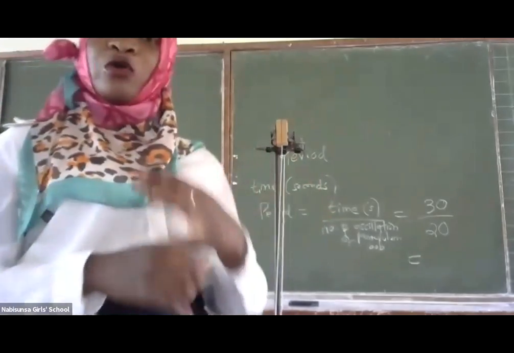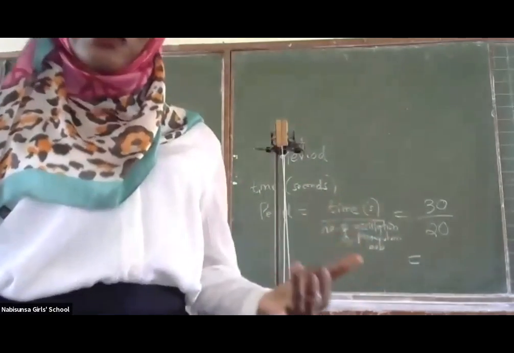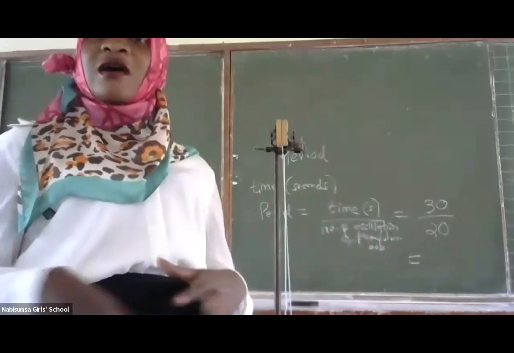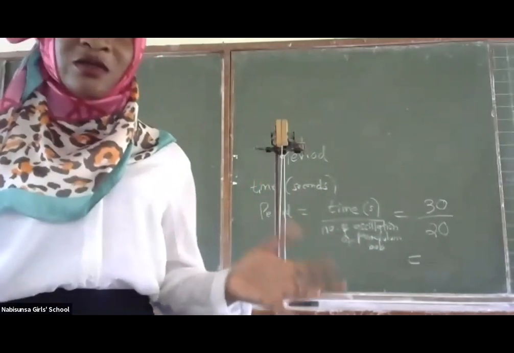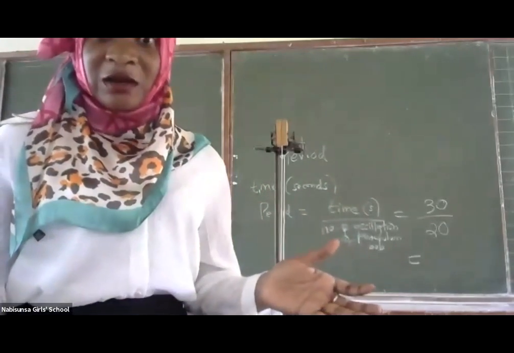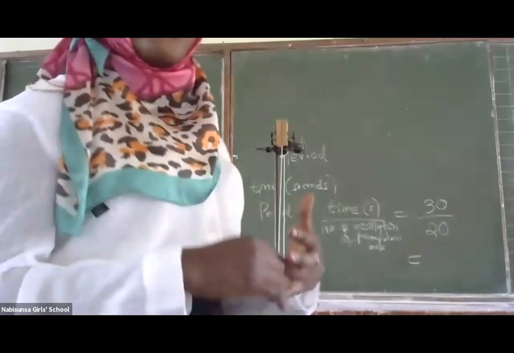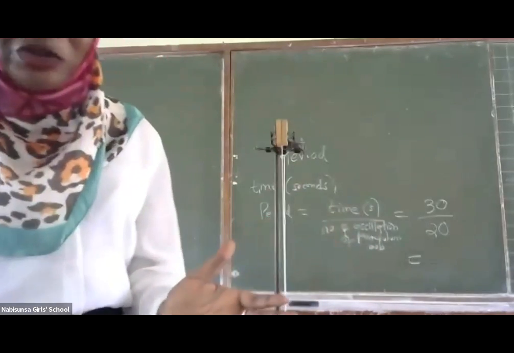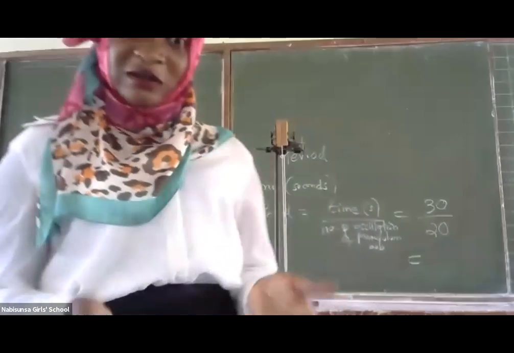Previously, I think we have all looked at length with your previous teachers, the units you use to tell length, the instruments we use to measure. You must have all looked at area, how to calculate area of both regular and irregular objects.